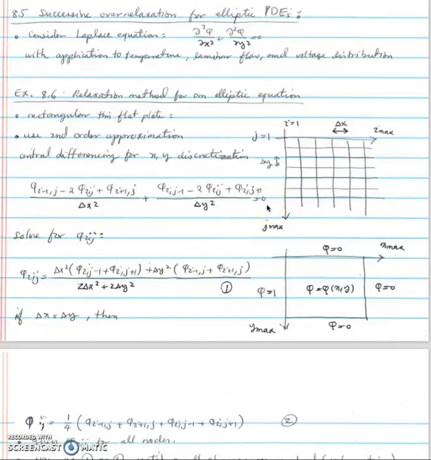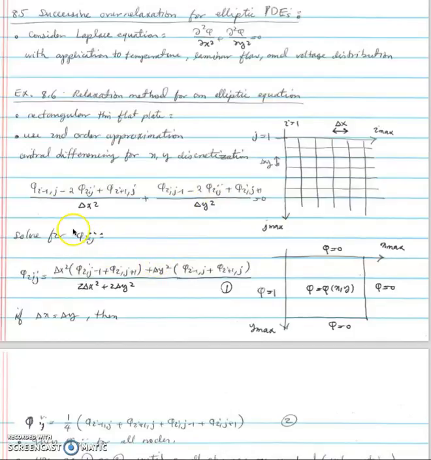Now here in successive over relaxation method, we're going to solve for the center point, which is phi ij. Okay, so from these two terms, I'm going to keep phi ij on the left side, and then I'm going to move everything else to the right side.